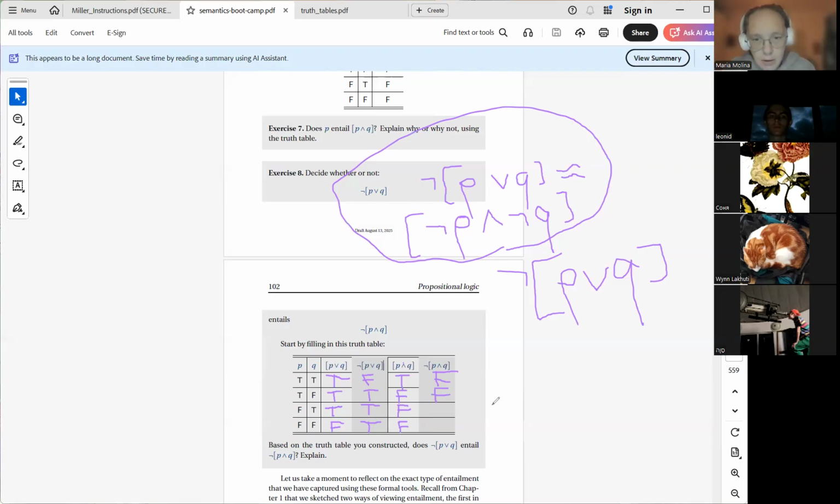If at least one of them is true, then the whole thing is false. So the third is therefore false. And what about if they both are false? Should be true. Okay? Guys, everyone, are you good with that? Is it obvious? Any question?